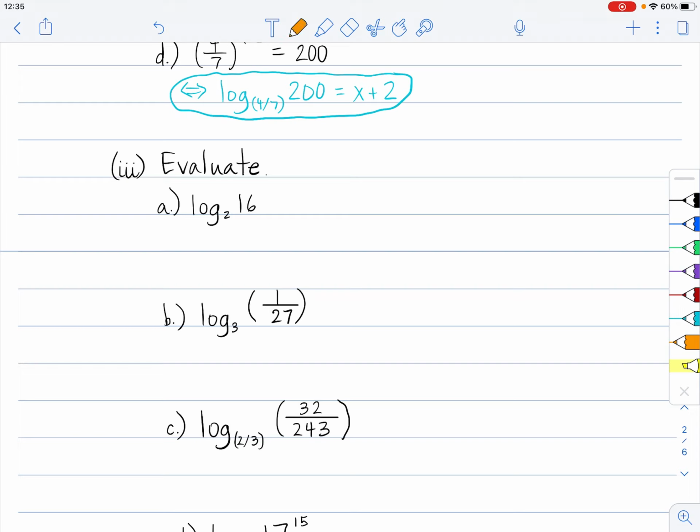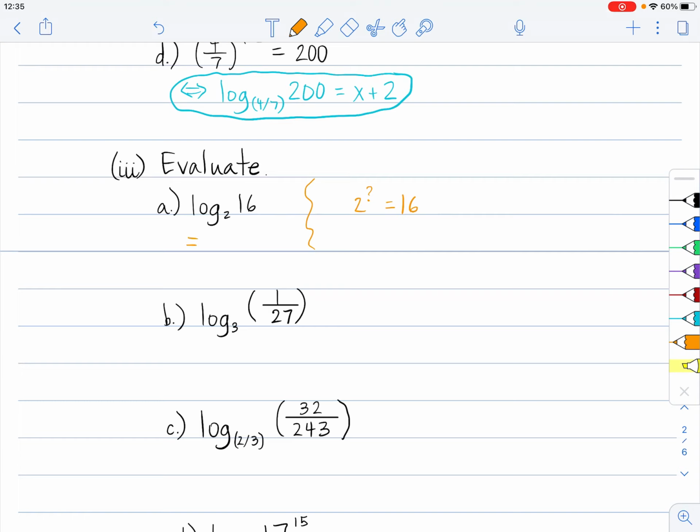Now, this is where what we did in the last section is going to come into play, because base raised to the answer is supposed to equal the inside. And what we are actually asking ourselves is 2 to what power gives me 16? If 2 to some power equals 16, then that's what this guy equals.